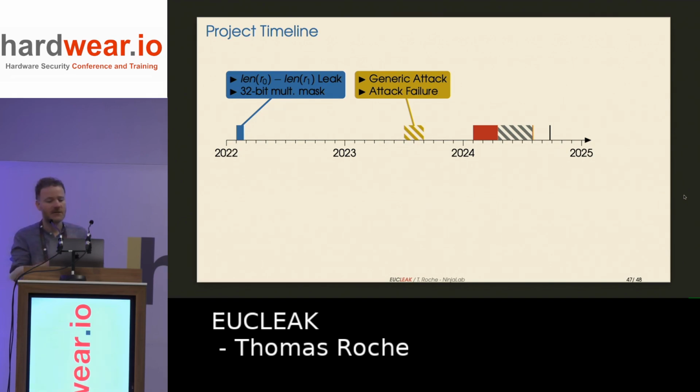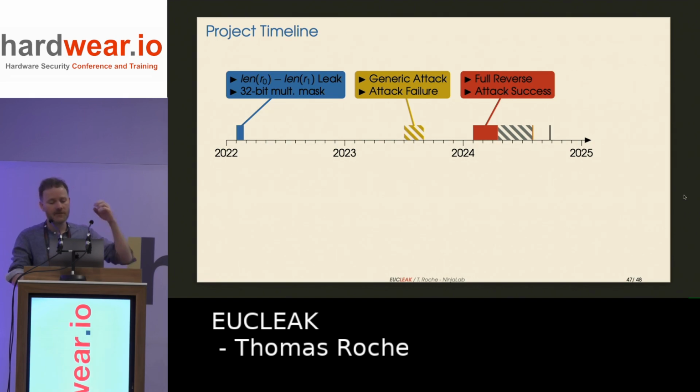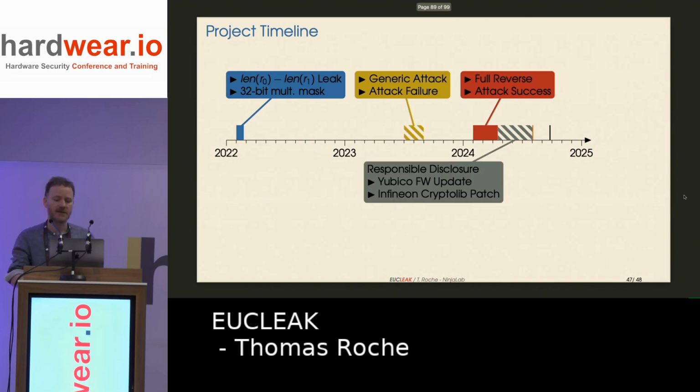In mid 2023, the generic EA attack was built, but it ended up in a failure because we didn't have enough leakage. And then early this year, we could do the full reverse engineering of the division algorithm of Infineon, get all the leakage, and then ended up with an attack success.